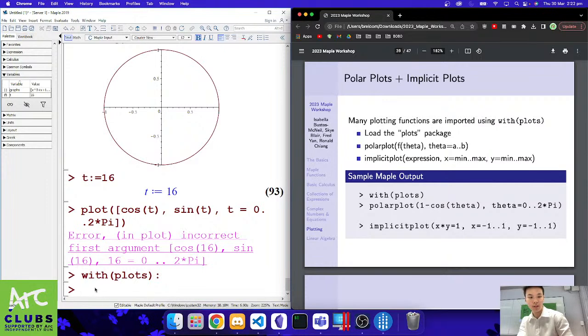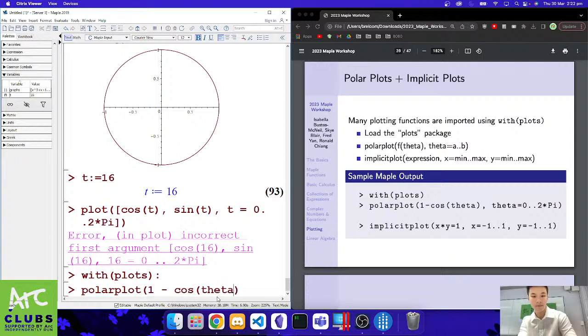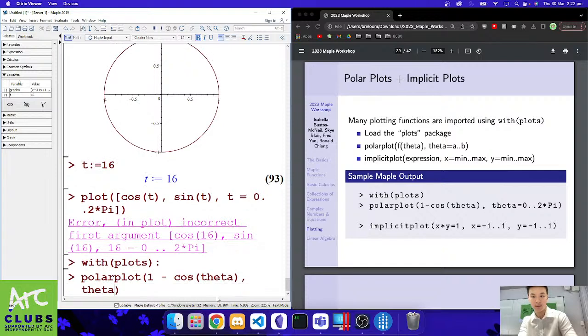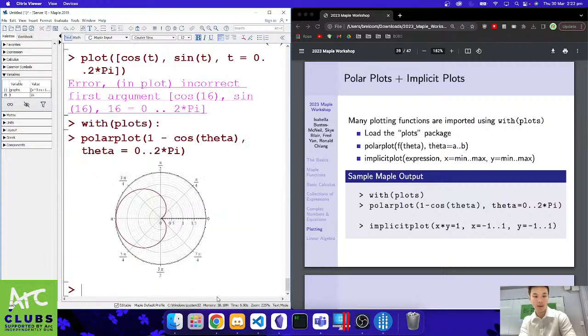For example, let's call polarplot of the function r equals 1 minus cos of theta, where theta ranges from 0 to 2 pi. Hit enter, and as you can see, we get a nice graph depicting our equation r equals 1 minus cos theta.